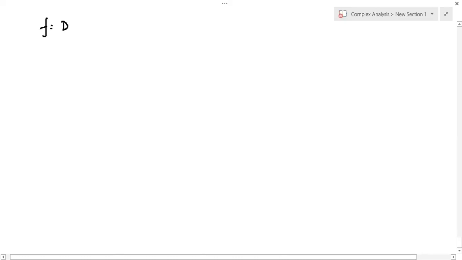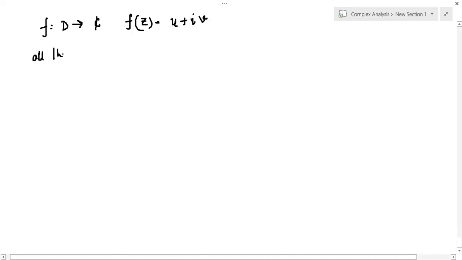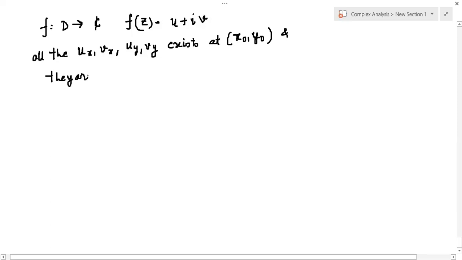f is defined from D to C, and f(z) is equal to u plus iota v, and all the first order partial derivatives, that is ux, vx, uy, and vy, exist at point, let's say z naught, that is x naught comma y naught, and they are continuous at point x naught comma y naught.